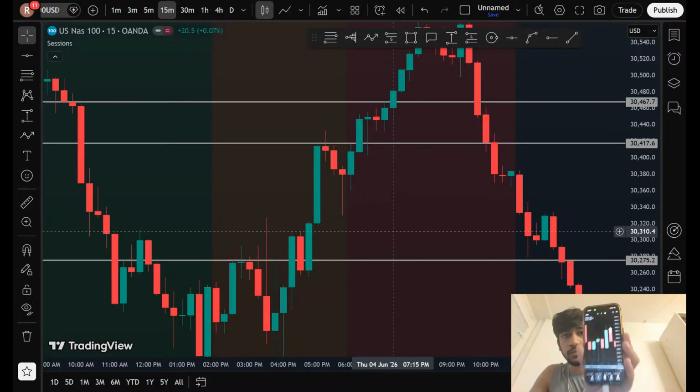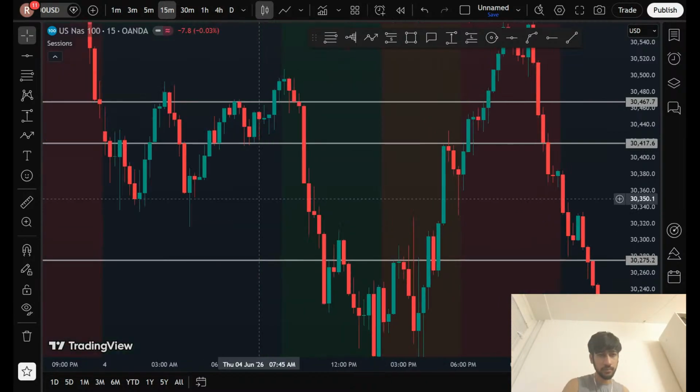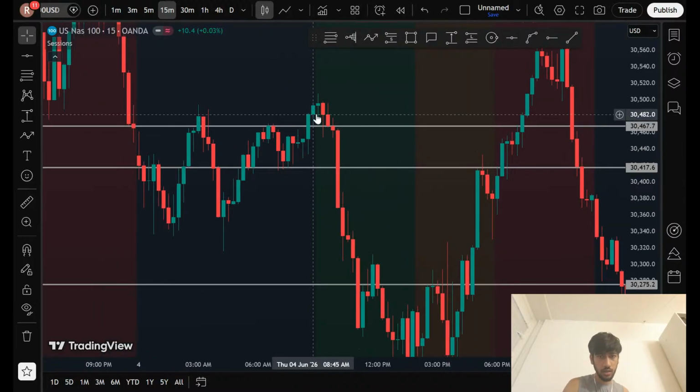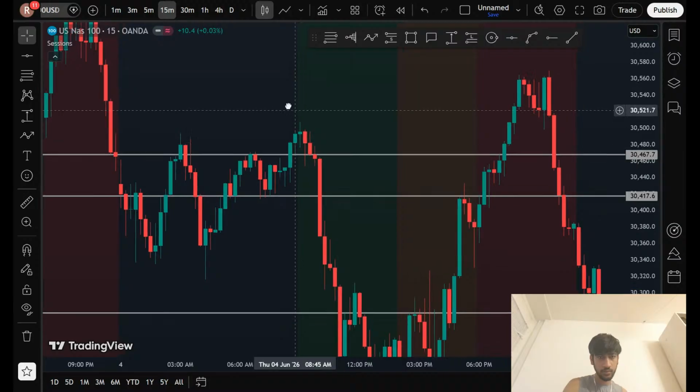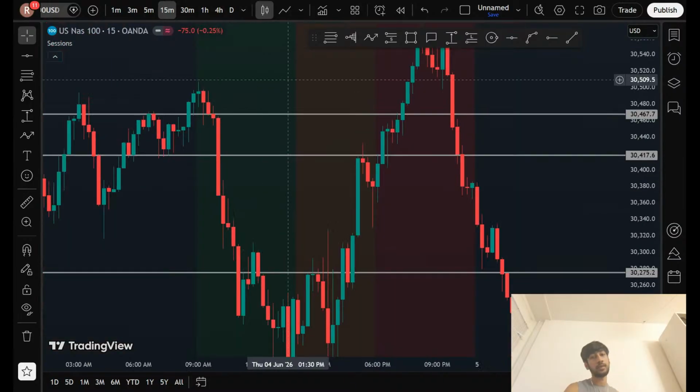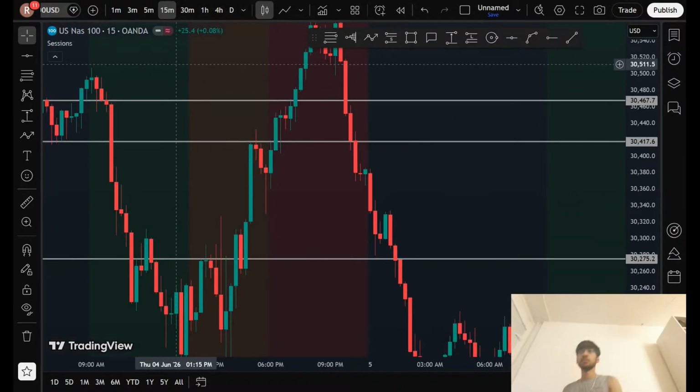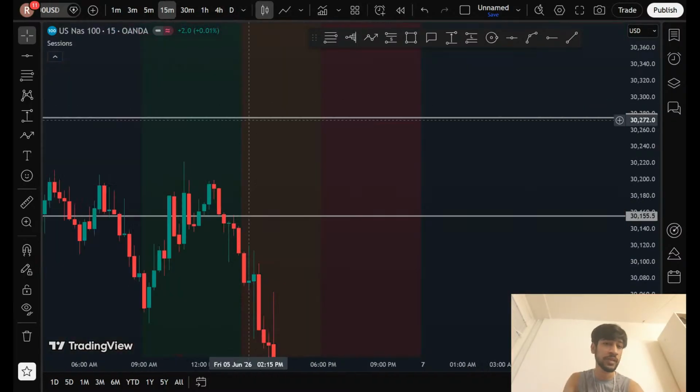It's the same buys on NAS 100. Now it also took buys over here. Yeah, see, formed, consolidated, broke above, buy. The main thing is you have to manage risk. You have to be focused on risk management.